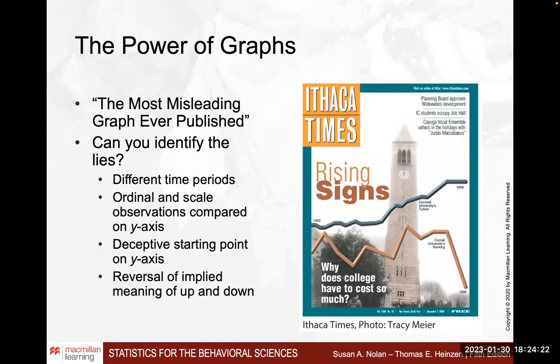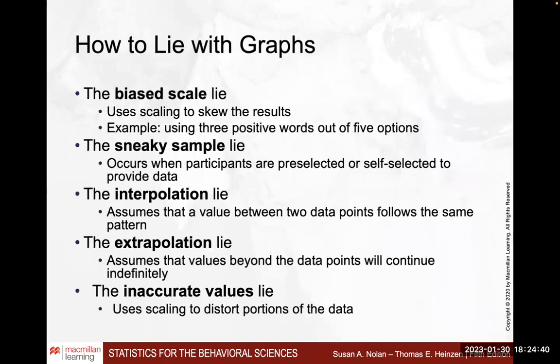But again, this is just the starting ground for what we will be discussing now, because there are different ways to mislead with graphs. And Norton and Heinzen put a lot of emphasis on that. I don't know the literature in the psychological world, but I believe them that it's the prime and most important thing to start with. So there are good ways to depict data and bad ways to depict data.